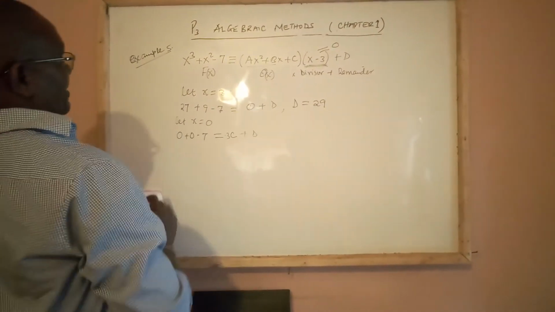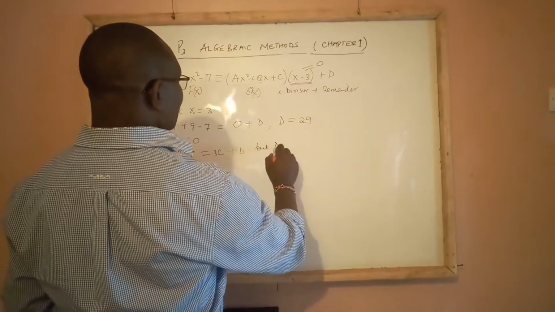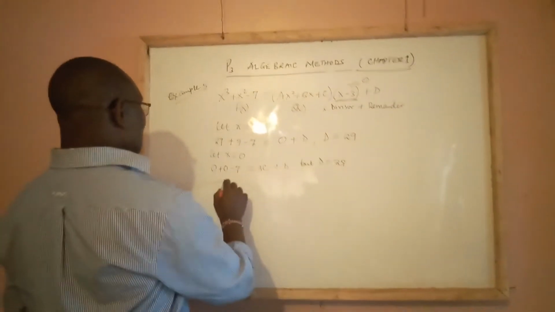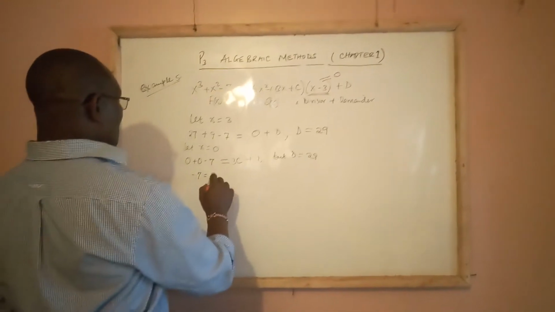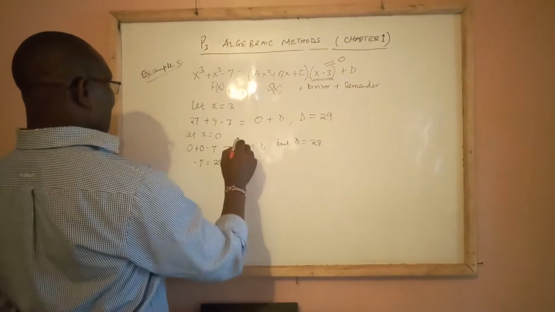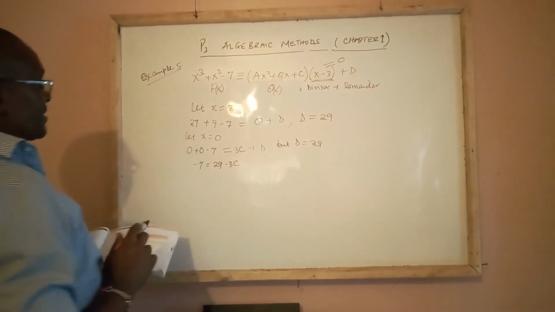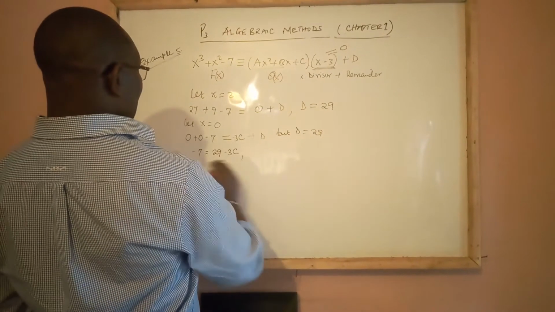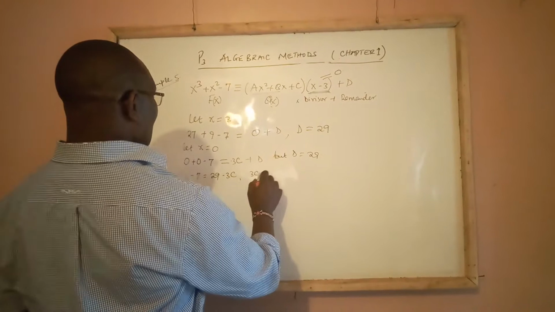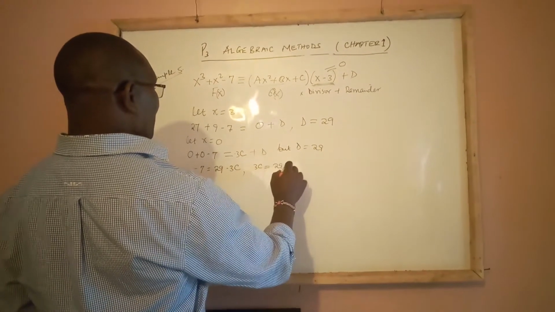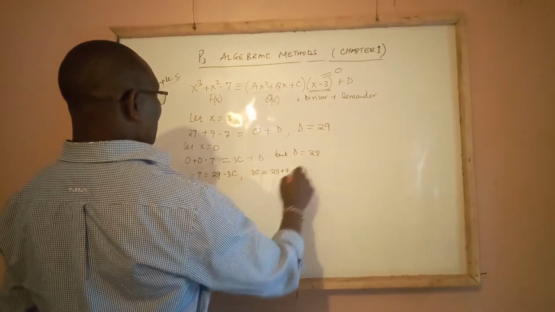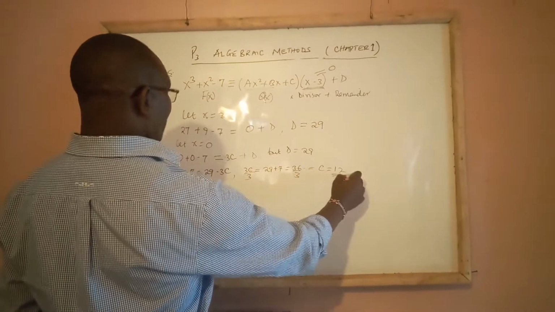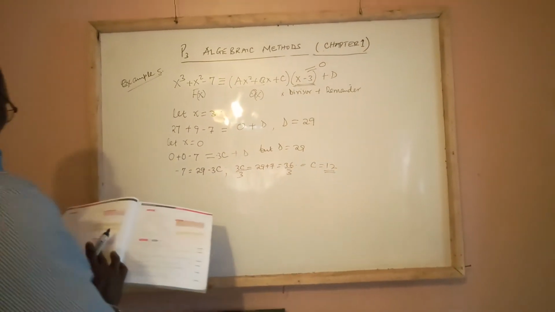But we have already found d, which is 29. So minus 7 is equal to 29 minus 3c. Taking negative 3c to the other side, 3c is equal to 29 plus 7, which is 36. Dividing by 3, our c is 12.